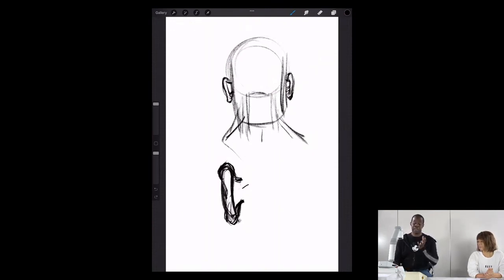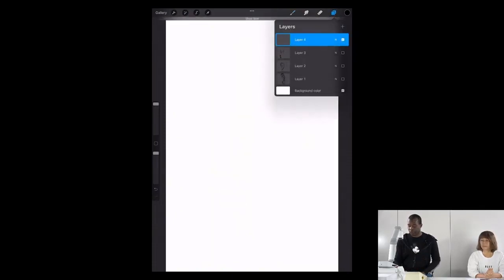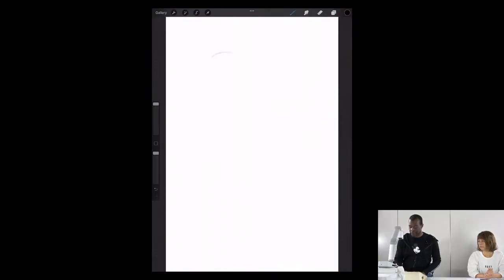Okay, so let me show you the ear in terms of how it's going to move in space in relation to the head. Because obviously, if we're looking at, let's say, the head here. And then we have, again, I'm doing it just quick style, but the ears on here like so.